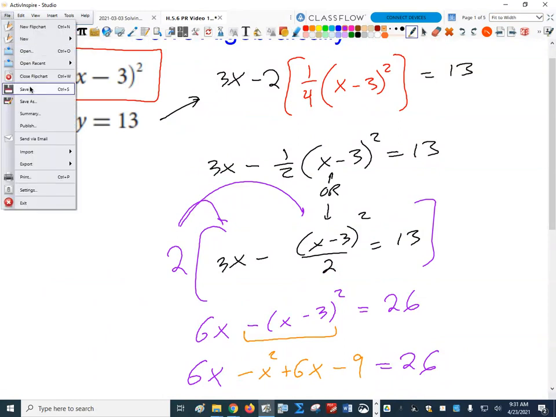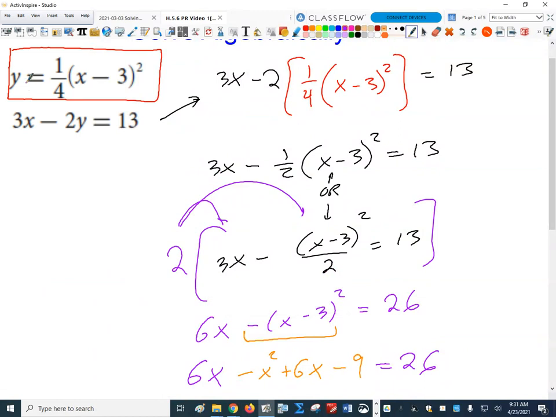I'm going to save this. I feel like this thing's going to crash here any second. Why is it doing that?